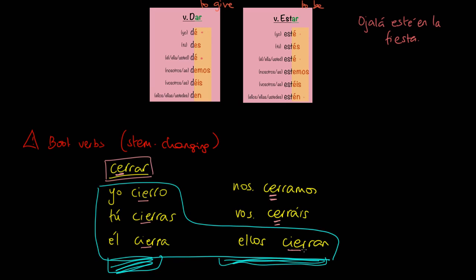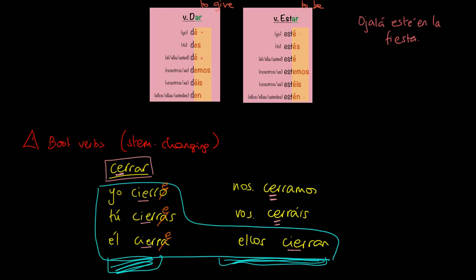Now why am I talking about these? Because these stem changing verbs that have this change in the present indicative, the same exactly happens in the present subjunctive. So if I wanted to say that I close, using the subjunctive would be yo cierre. That you close, que tú cierres.